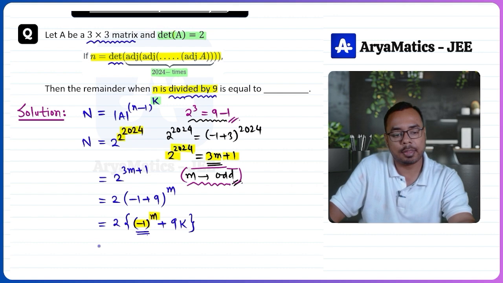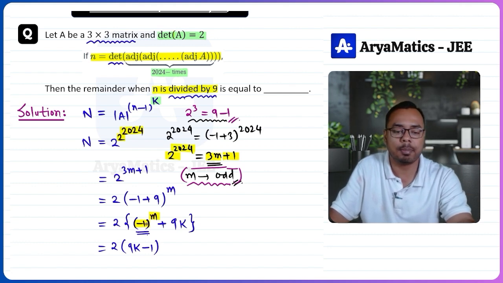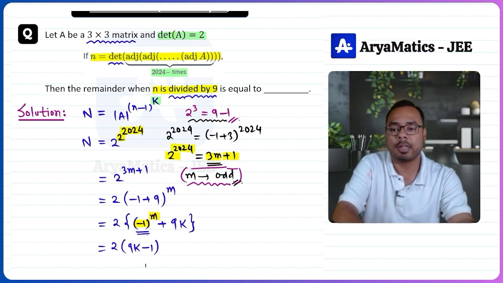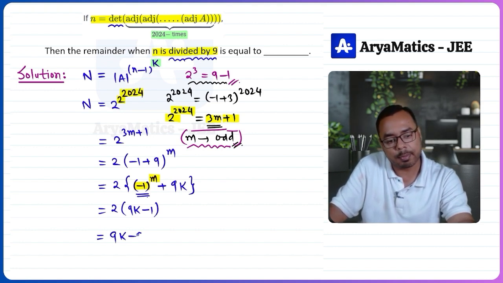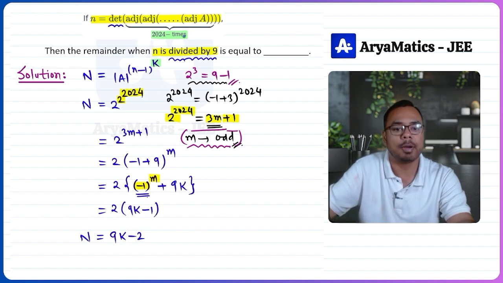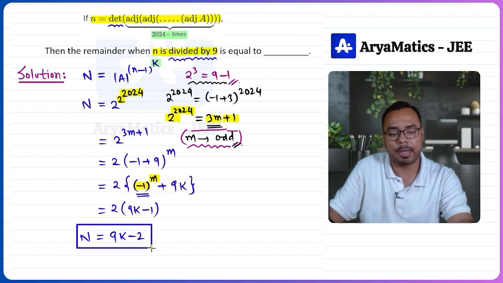So if m is an odd number, then this number N will become 2 into (multiple of 9 minus 1), since minus 1 raised to an odd number will be minus 1. So therefore this number N will be 2 into a multiple of 9, which is still a multiple of 9, minus 2. So the required number N will be of the form multiple of 9 minus 2. And if I divide this number by 9, then the remainder will be minus 2 plus 9.